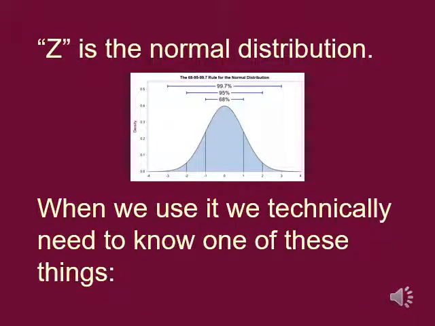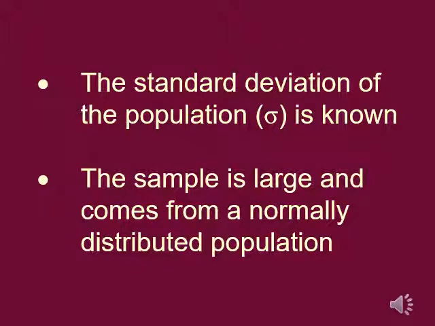We're actually going to take a look at 5 different hypothesis tests today, and z-test is just the first of those. Again, z, what you're really looking at is a bell curve. You're looking at the normal distribution, and officially, if you use a z-test, you need to know some stuff ahead of time. You either need to know the standard deviation of the population, like in the problem we just did, we knew that for IQ, that's always 15.